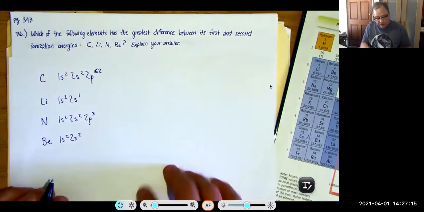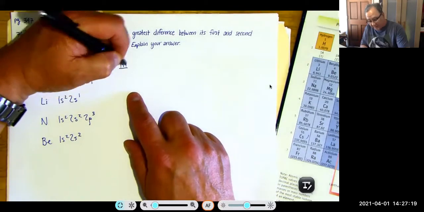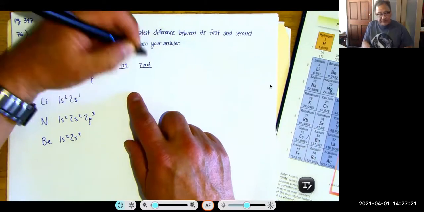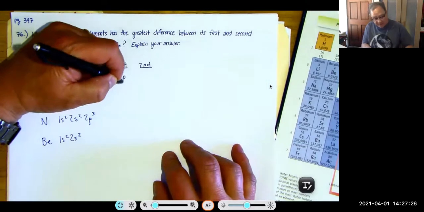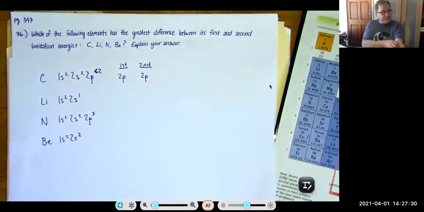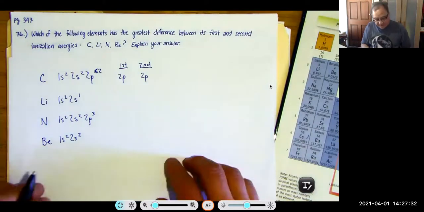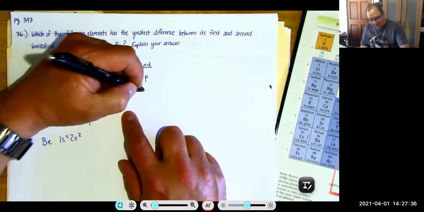Okay, so what electrons are we taking here for the first electron and the second electron? Well, for carbon, the first one is a 2p electron, and the second one is a 2p electron. So it doesn't seem like there should be a big difference between those two. For lithium, the first is a 2s electron, then a 1s electron.